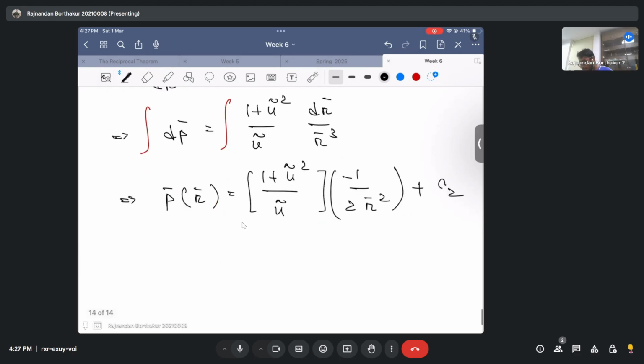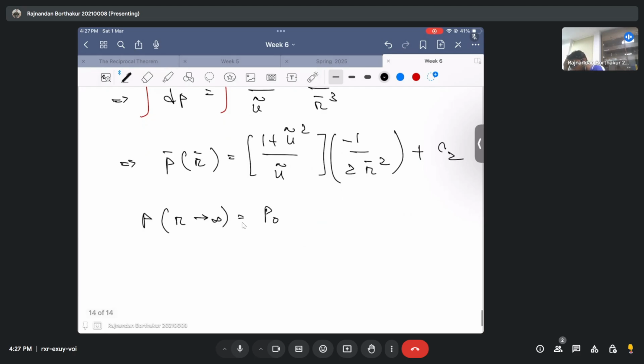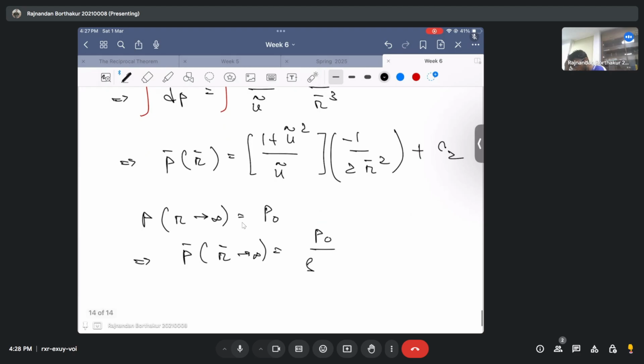In order to calculate c2, we know that my pressure p when r tends to infinity is some p naught. If I non-dimensionalize it, p̄ when r̄ tends to infinity is p naught by pc, and pc is nothing but rho omega squared a squared.